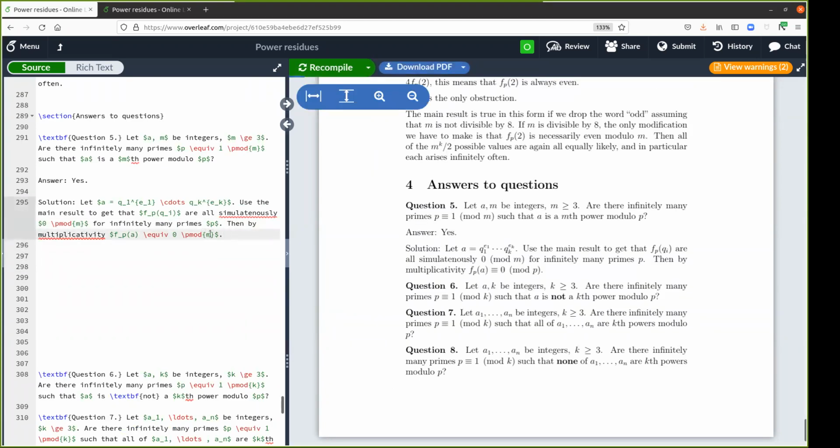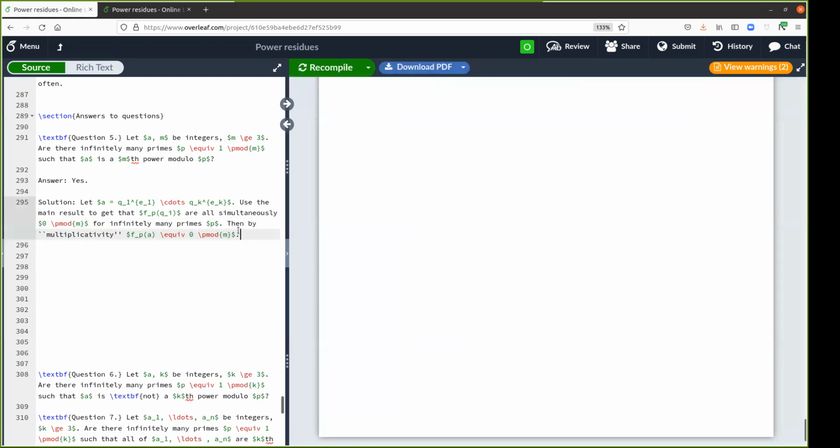So the idea, multiplicativity, it was not multiplicative, I guess. Excuse me? I think it was not multiplicative. Well, yeah, it's not really multiplicativity, but the logarithmic property we had.